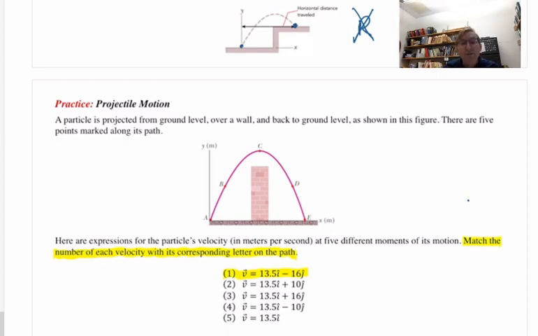Which of the lettered points A, B, C, D, and E on the trajectory, at which of those points is equation 1 the correct one for the velocity? Then go on to equation 2 for the velocity. v equals 13.5 i hat plus 10 j hat. Which lettered point, A, B, C, D, and E, corresponds to that velocity? Okay? And I want you to put these answers on Blackboard.